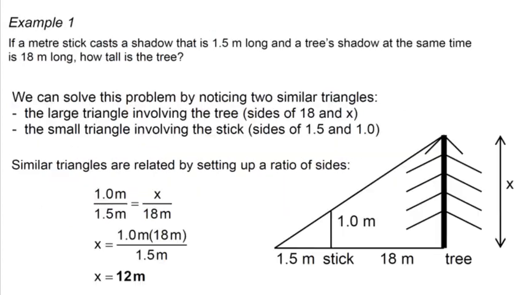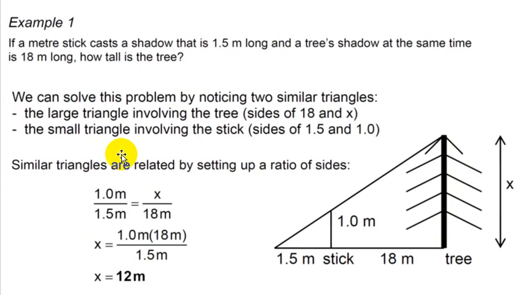Here is one example. If a meter stick casts a shadow of 1.5 meters, and the tree's shadow is 18 meters long, how tall is this tree? We can solve using similar triangles. You see here we get similar triangles with 1.5 meters to 1 meter and 18 meters to x meters, the height of this tree.